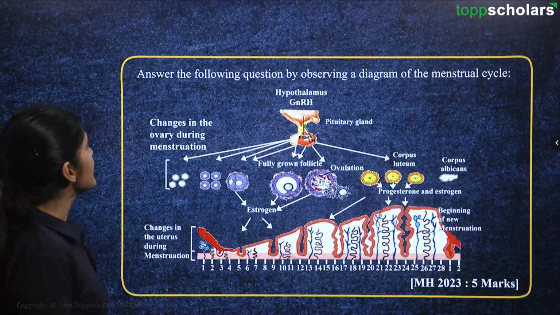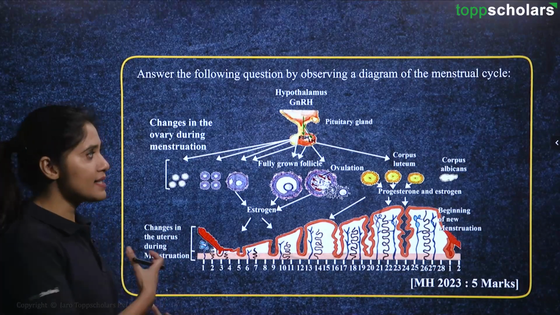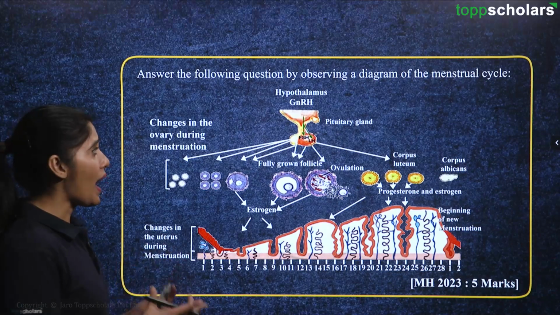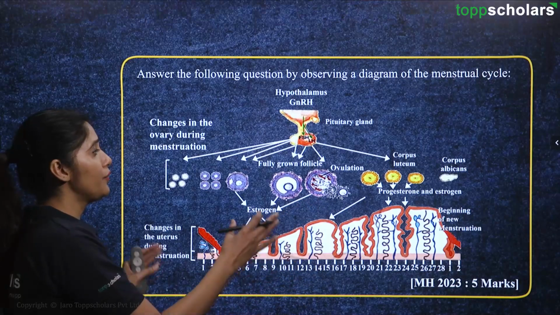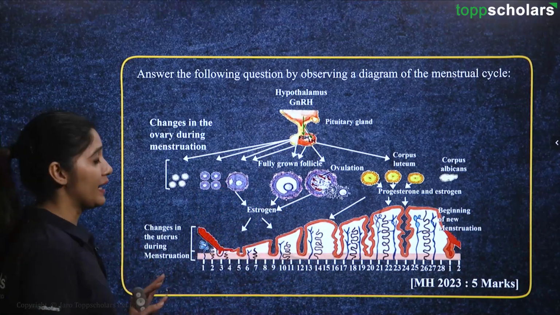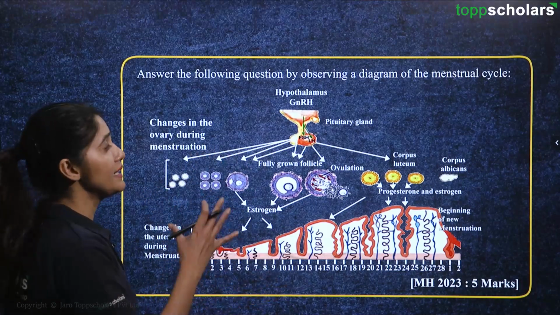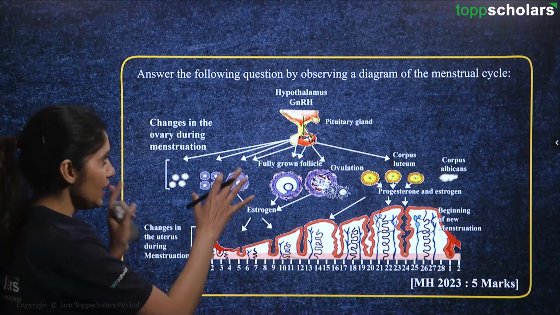Now, let's understand the next question solution. As we discussed, this is going to be a very interesting type of question, and you have to figure out the entire menstrual cycle from the given diagram and answer the questions concerning this cycle. Here is the diagram.